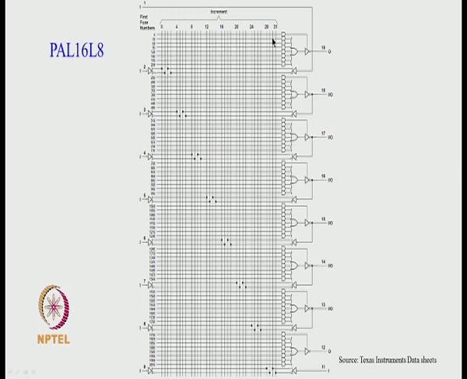So these lines are the inputs and their complements, and you have dedicated inputs 1, 2, 3, 4, 5, 6, 7, 8, 9, and this particular one.